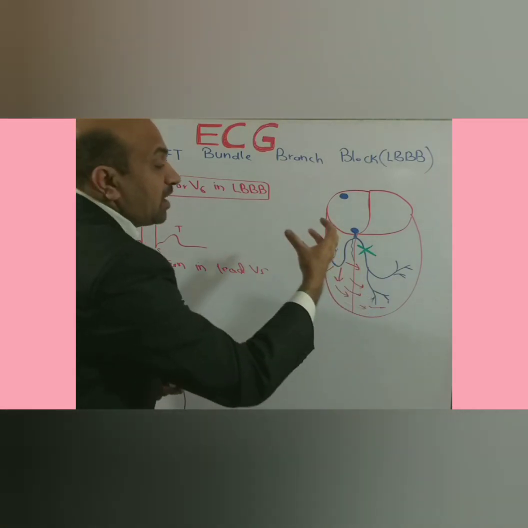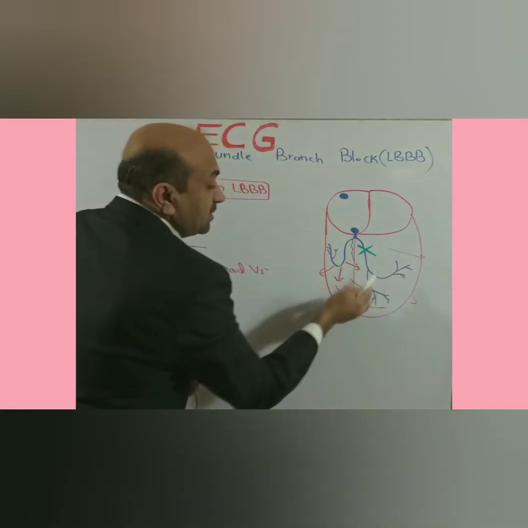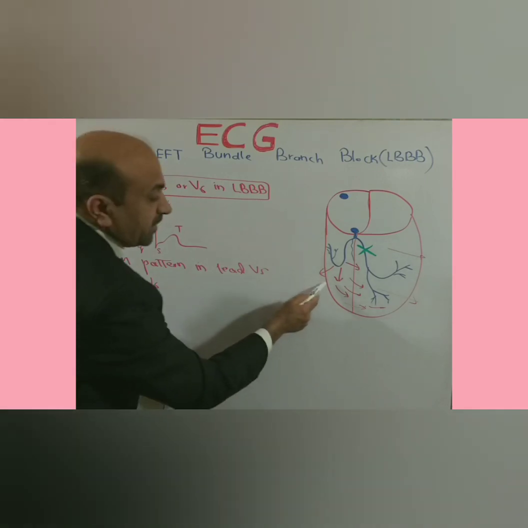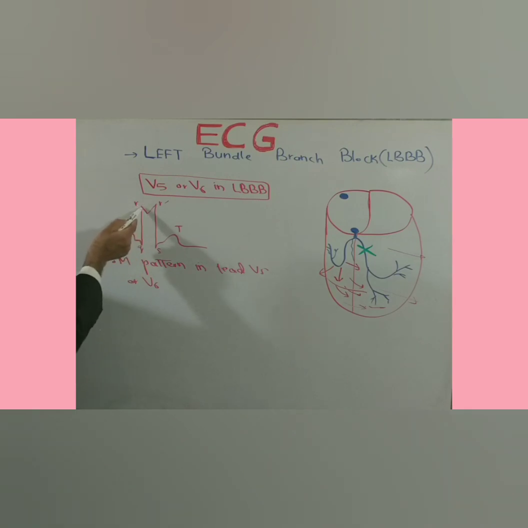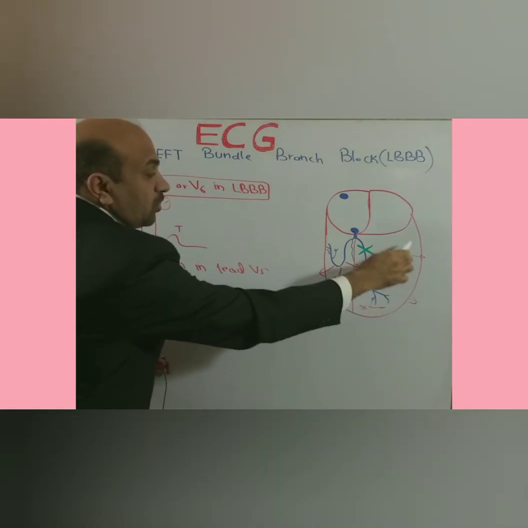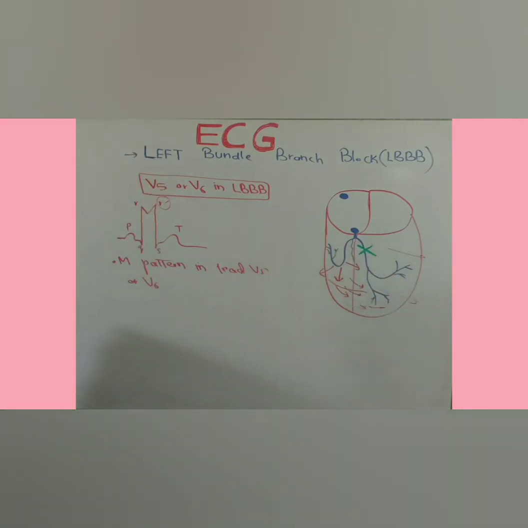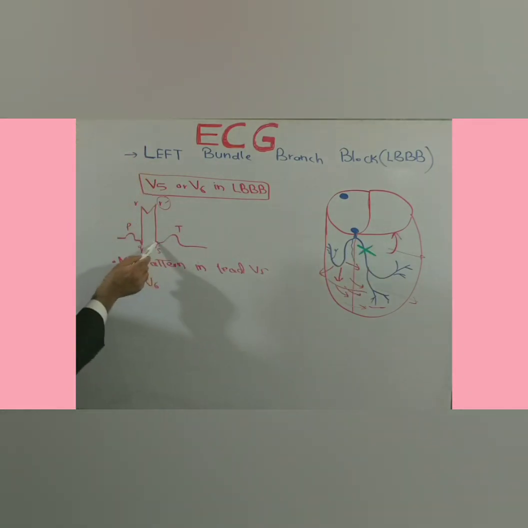So these muscles also start throwing the wave of depolarization towards V5 and V6 because they have been stimulated by the impulse coming from the right ventricle. This way, instead of going all the way down back to the isoelectric line, it goes high and generates R prime, another positively deflected wave, which represents the depolarization of the left ventricle. Then when it goes towards the very last end of these muscles, it will generate an S wave, and because of the ventricular muscles' repolarization, there will be a T wave.